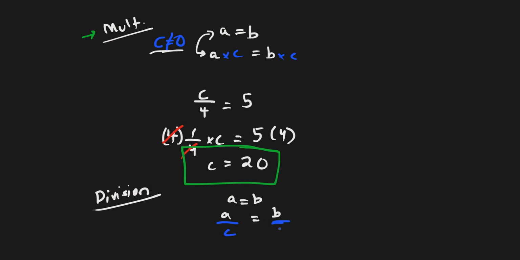Now, you might know what the condition is going to be, because I told you that both of these are similar. So these two are equivalent unless c is equal to 0. Why is that the case? Because you can't divide by 0. That's going to produce a result that is undefined. It's not something that you can do. So c cannot be equal to 0. That's a condition that we're going to have.